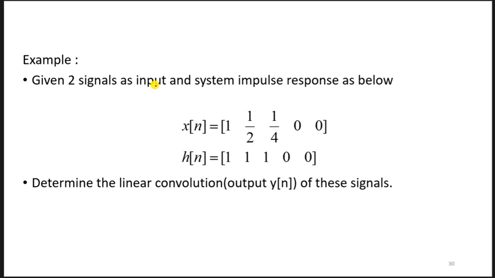Okay, satu lagi example. You see that given two signals as input and system impulse response, xn dengan hn. So kalau you tengok dekat sini, dua-dua signal ini bermula dengan kosong. So kita tengok apakah dia punya result of the convolution.